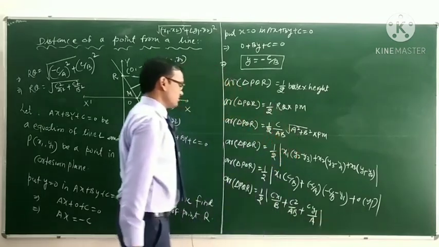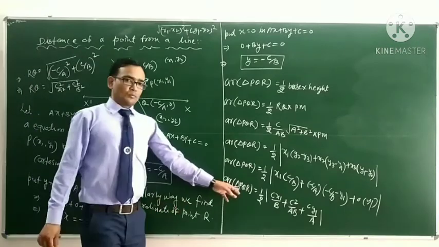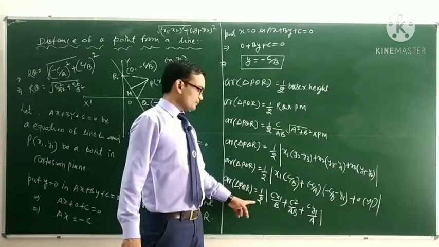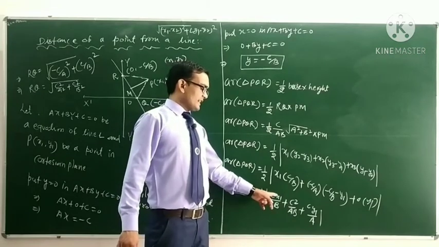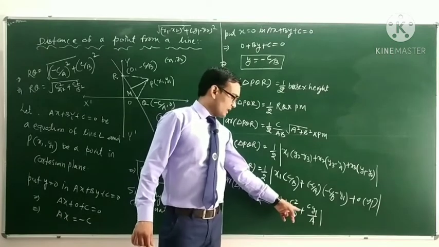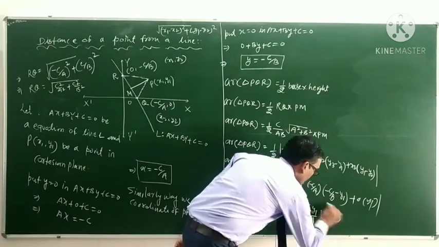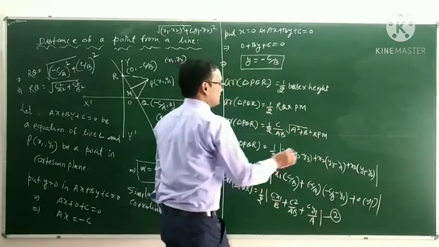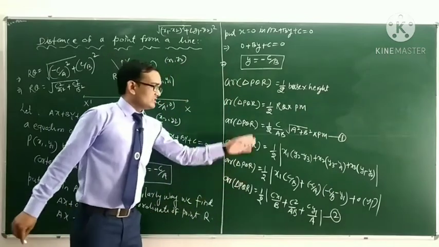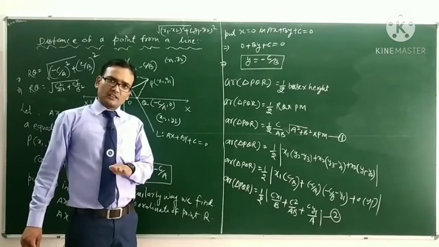Okay students, this is the area of triangle PQR is equal to 1 by 2 mod of cx1 upon b plus c square upon ab plus cy1 upon a, which is denoted by 2 and this is 1. Both are area of triangle PQR.